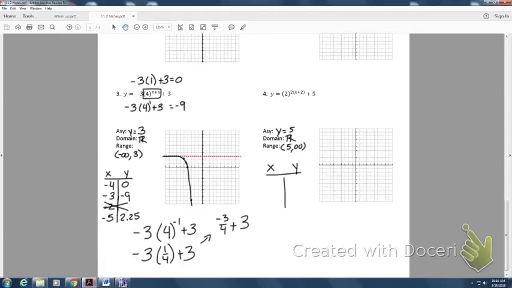Here's my best attempt at what would be the correct answer. And there's that graph for number 4.